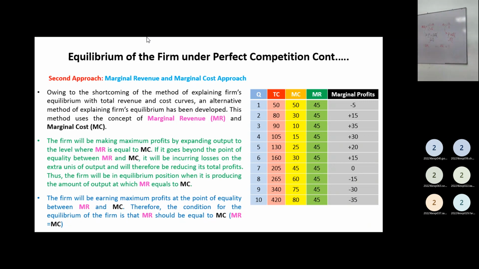Now, please don't read these things. Like previous, just look at this table. Now here you have the quantity of output that you are going to produce from 1 to 10. And here you have your total cost.